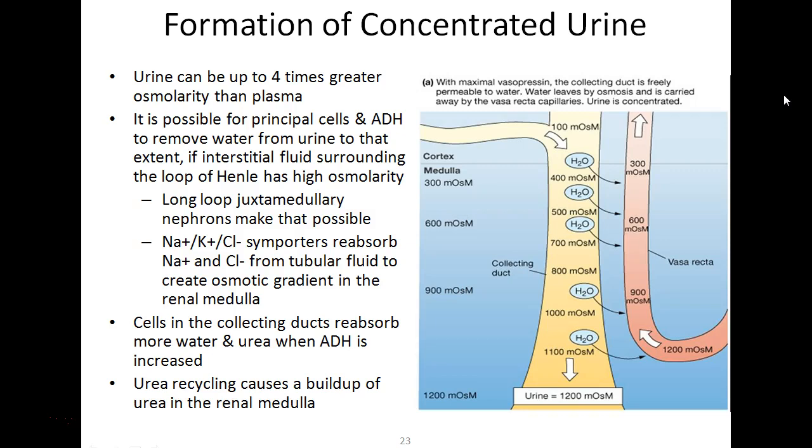So one downside of the urea recycling is going to cause a buildup of urea in that renal medulla. So that is going to be our formation of concentrated urine.